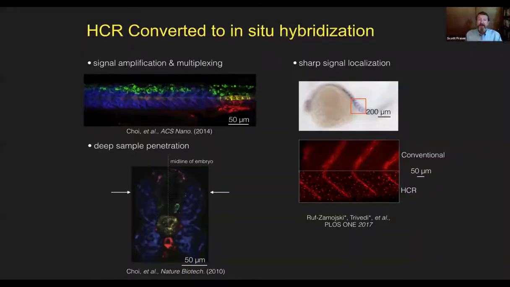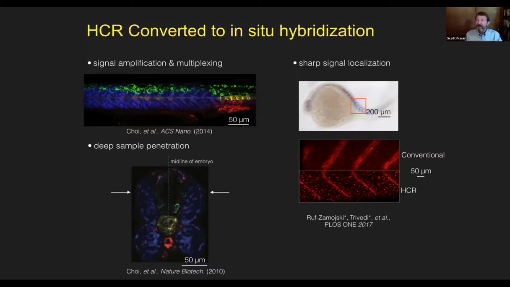What this allows us to do is to use small reagents that assemble in situ and therefore can penetrate well throughout specimens. So we find that the reaction product amount is proportional to the amount of RNA that's there, independent of whether it's near the surface or deep within.